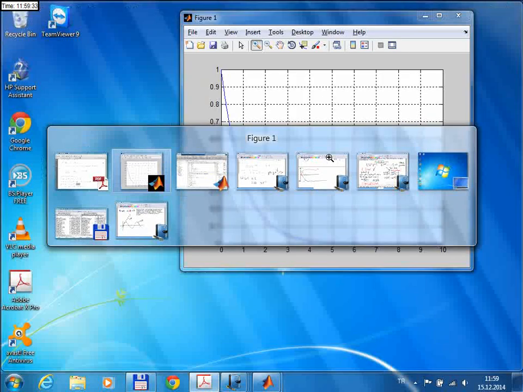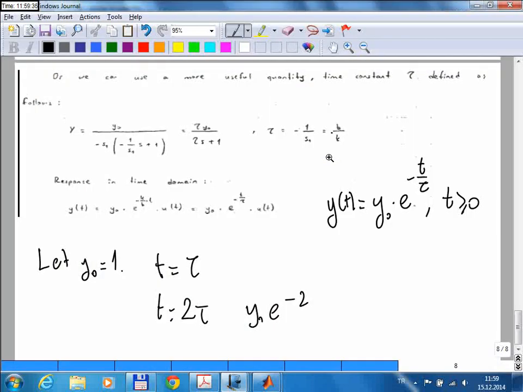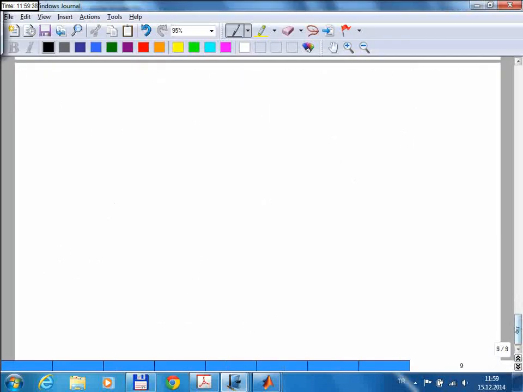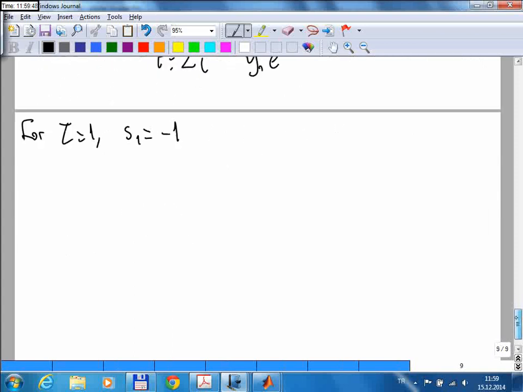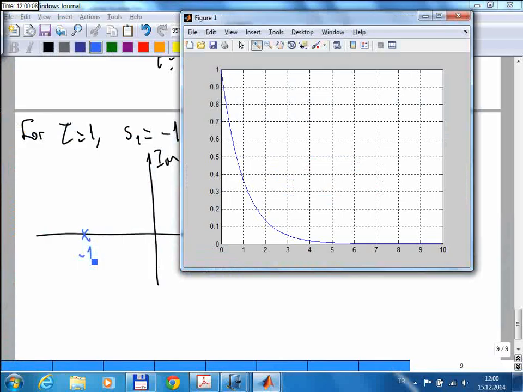So let me change the time constant and see what happens. That means let me move the location of the pole and see what happens. For tau equal to 1, the pole is at minus 1, and this is the situation we have at hand. We have a pole here at minus 1. In fact, let me use the blue color. And this is the response we get.